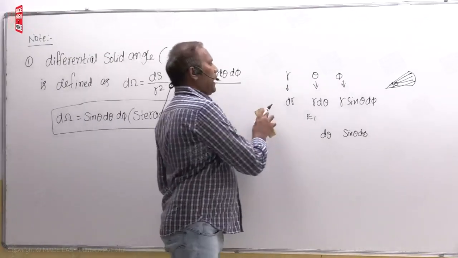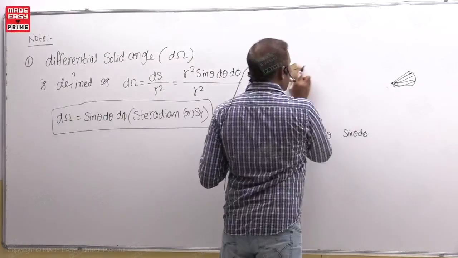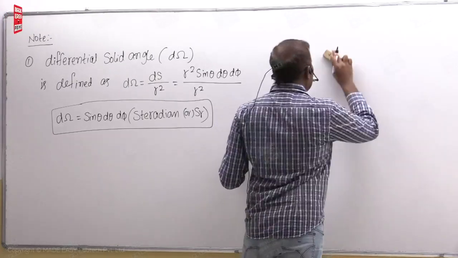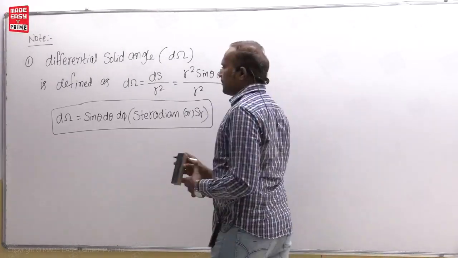Now for a complete sphere, what is the solid angle? That is 4 pi.